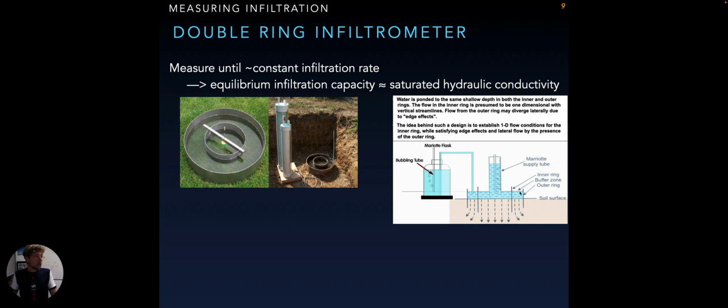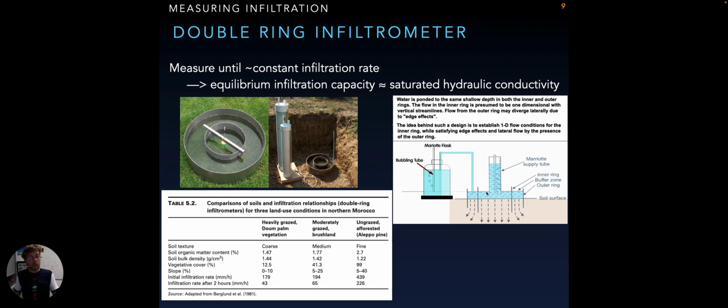So the external ring is used to limit the potential infiltration from the side, and we're really measuring the amount of water that goes vertically, inside of the inner ring. So again, the outside ring is just to make sure that we have everything under control, and we are only focusing on the center ring right here.